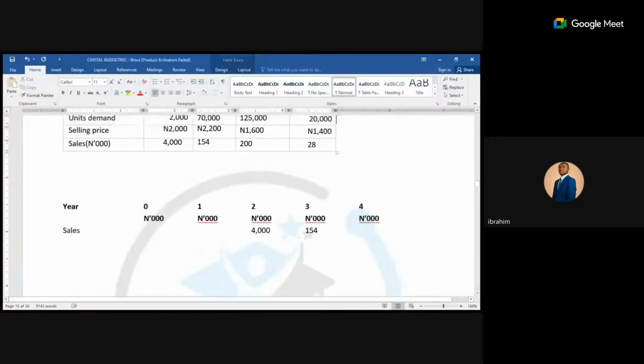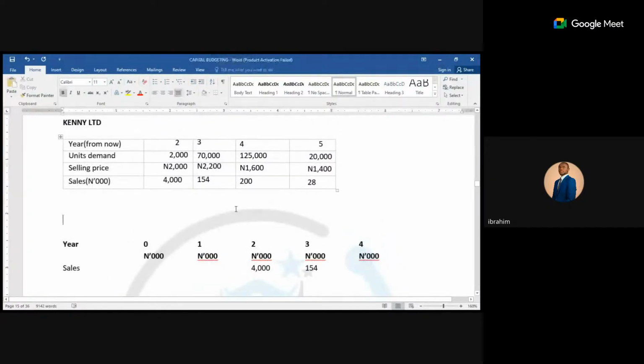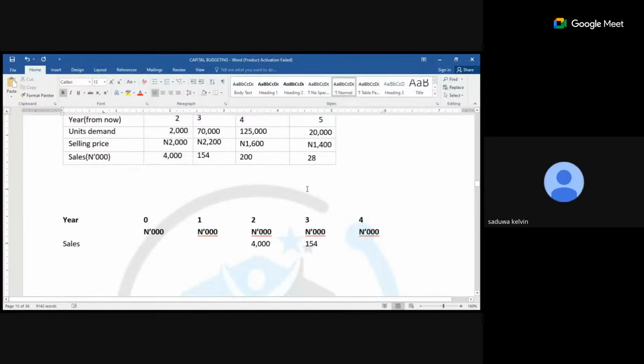Yeah, I noticed this year put 4,000, but the other ones, it's not supposed to be 154,000. It's in millions. So year 2 should be 4,1000. 154 million.